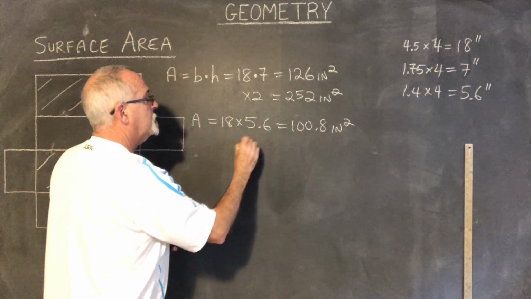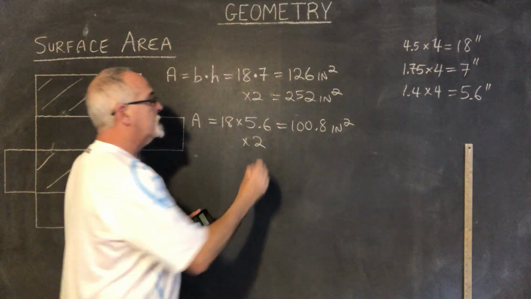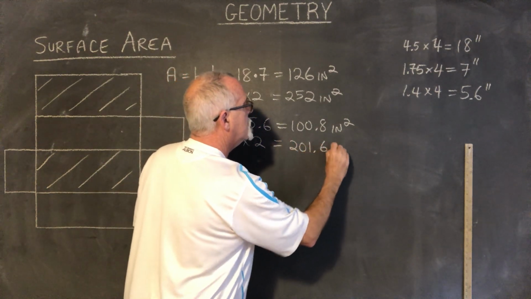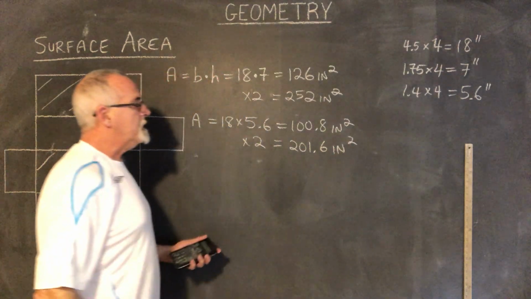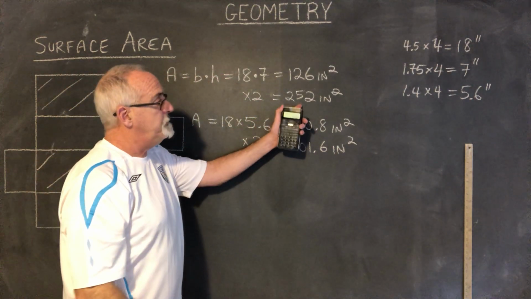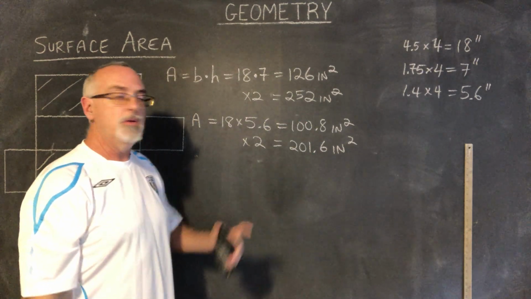But again, I have to multiply by 2 because there are two faces that size, equals 201.6 square inches. And of course, we're not surprised to see that the total area of those two biggest faces is a bit bigger than the total area of those two medium-sized faces.